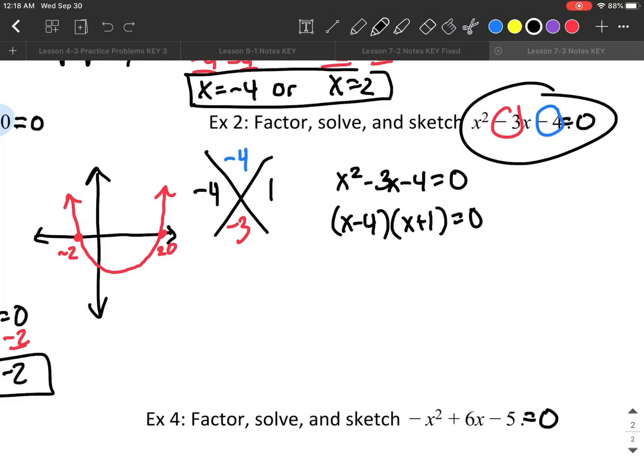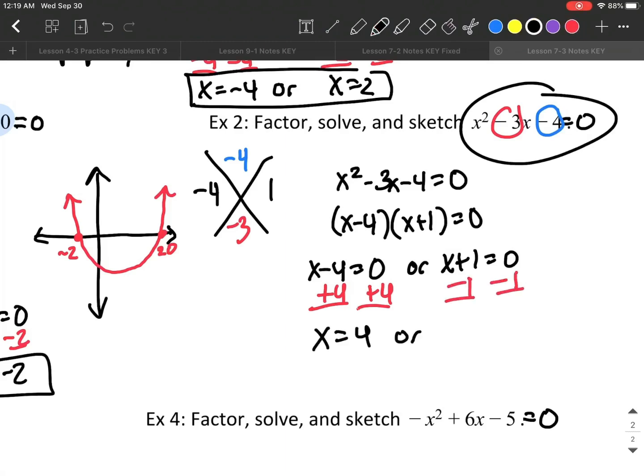And then I know that either this is equal to 0 or this is equal to 0. So I'm going to write those two equations, x minus 4 is equal to 0 or x plus 1 is equal to 0. I solve those two equations and I end up with x is equal to 4 or x is equal to negative 1.